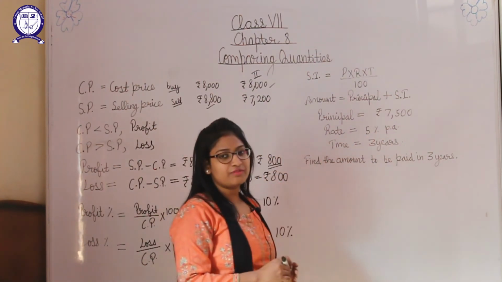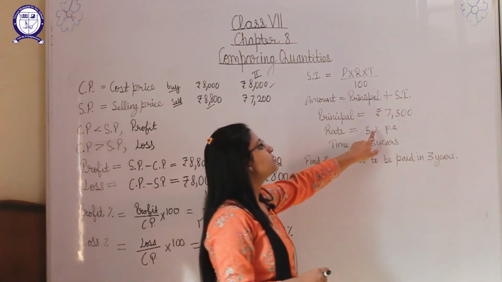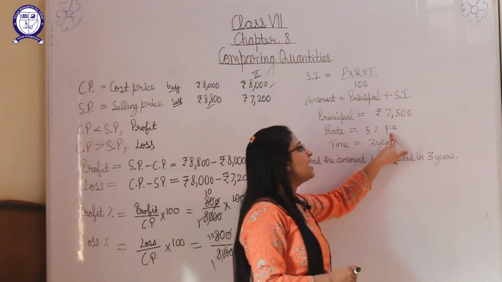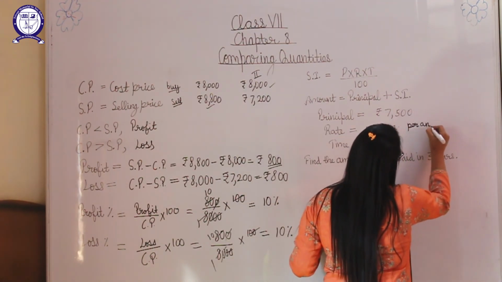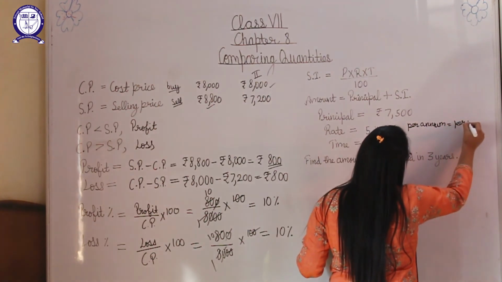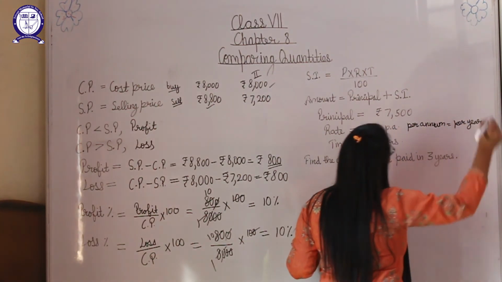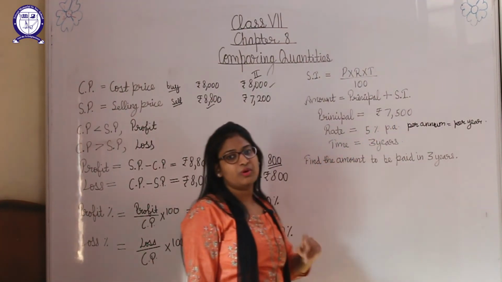Means on that money you have to pay me 5% extra. PA means per annum, annum means year, means for each year you have to pay me 5% extra on the amount which you are taking.